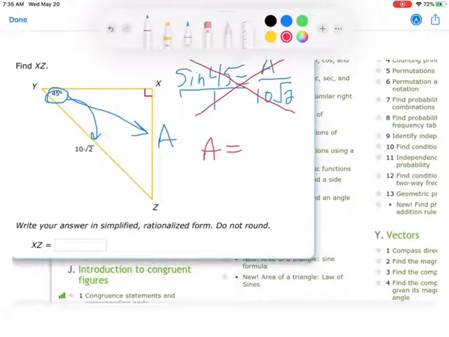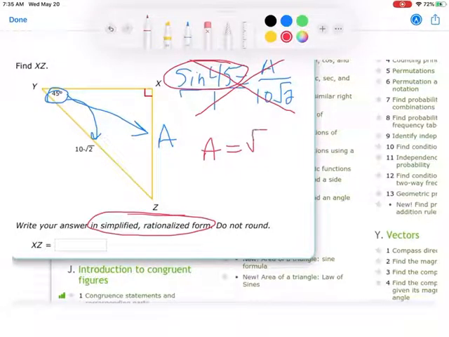Sine of 45 times 10 root 2. Here I'll bring this to your attention again, simplified rationalized form. Sine of 45 is root 2 over 2. So sine of 45 times 10 root 2. Root 2 times root 2 is root 4, which is 2.